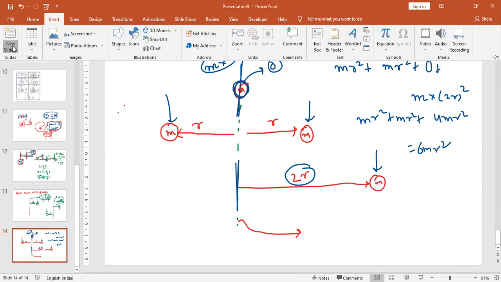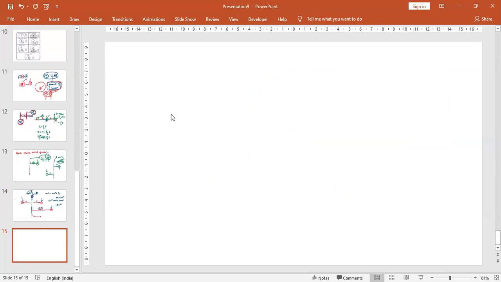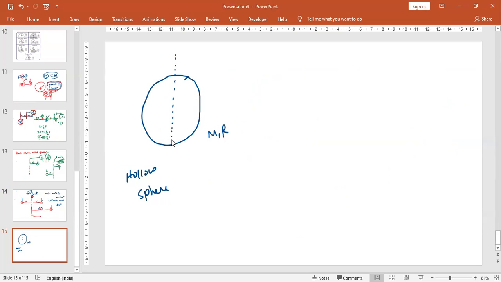Now some moments of inertia you have to remember. Suppose that we have a hollow sphere, and suppose mass is m, radius is r. Then about an axis passing through the center, the moment of inertia will be 2 by 3 mr square.